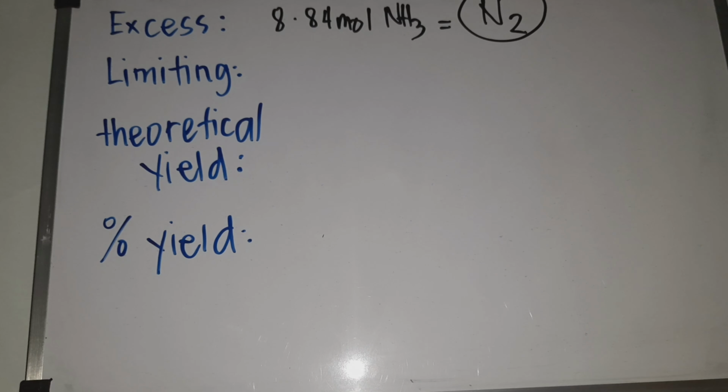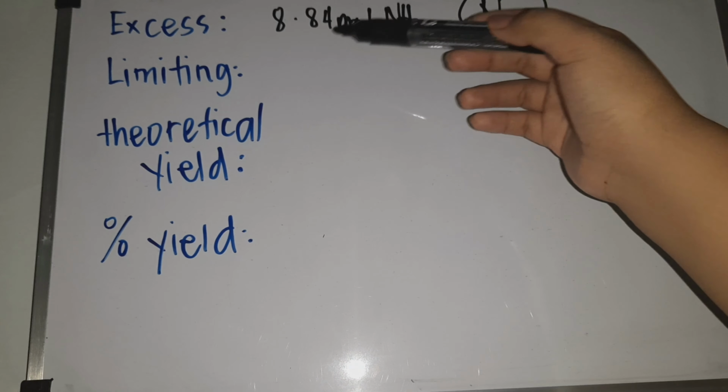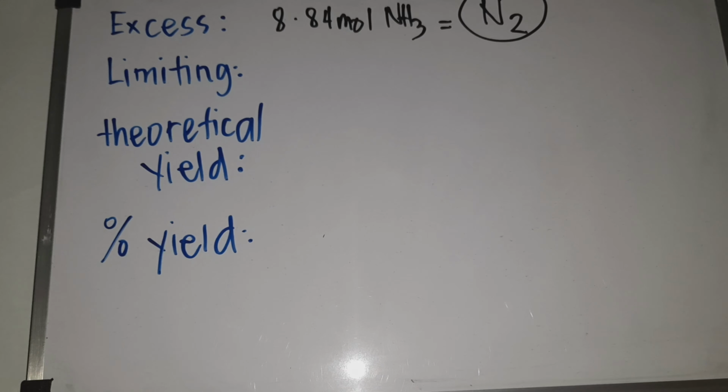So our excess reagent is N2, and the largest amount to be produced in a chemical equation using this N2 will be 8.84 mole of NH3.